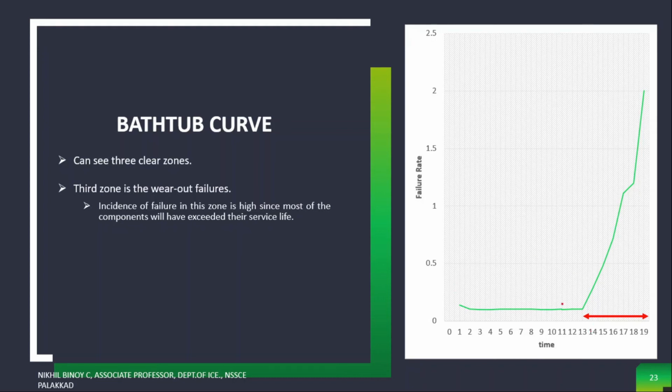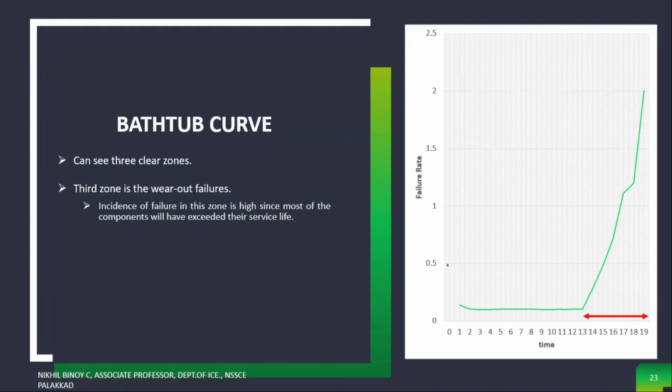For different products, this shape may be different. For some components, this one may be the graph, for some components this green colored one is the graph, and for some, this one may be the graph. So the graph may be different, but you can clearly see three different zones.